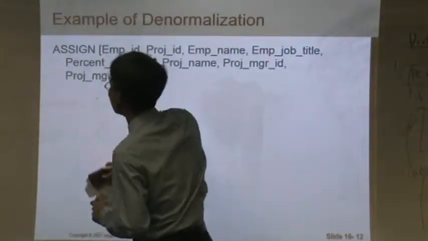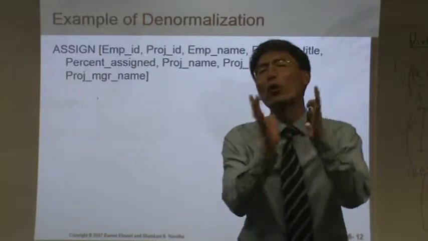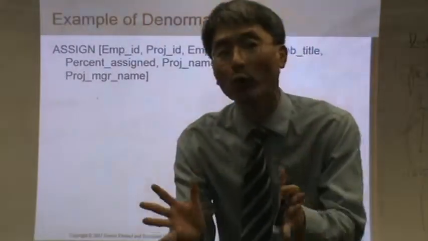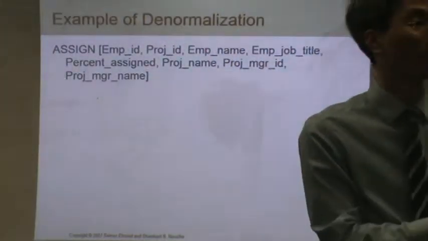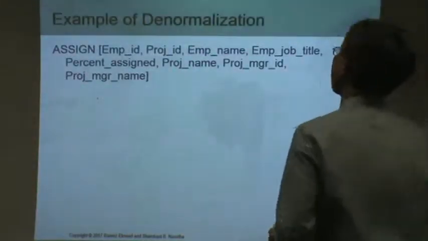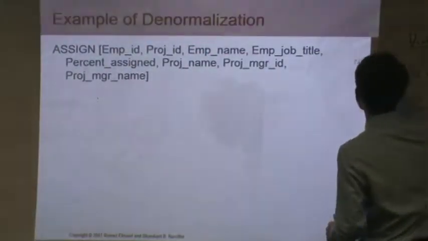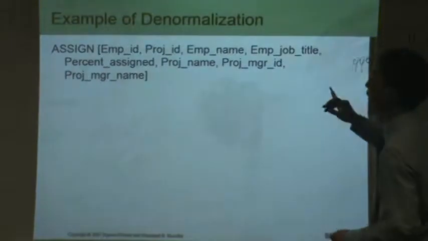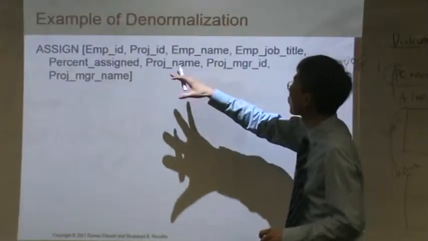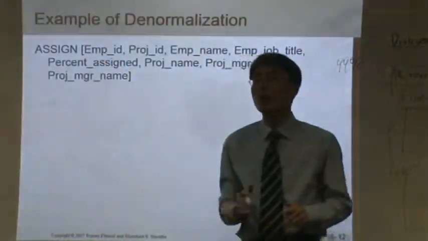Then when you analyze the pattern, when you analyze the database query and application programs, you realize that 99% of such queries and application programs access employee name, project name, and percent assigned.